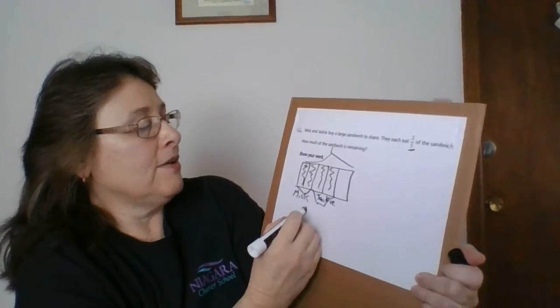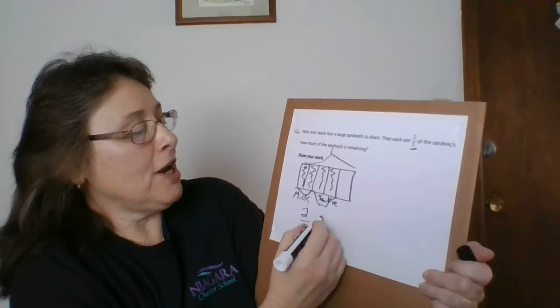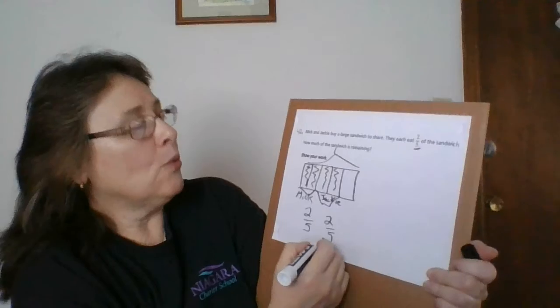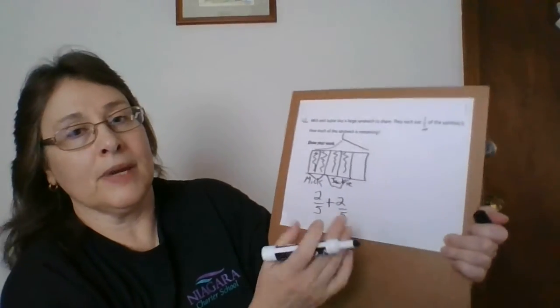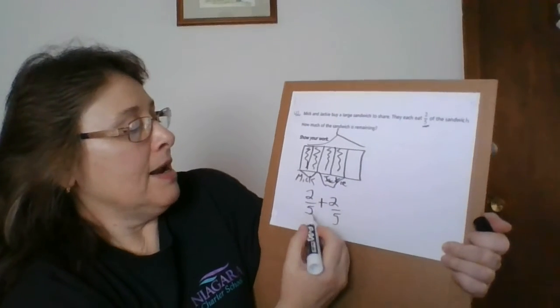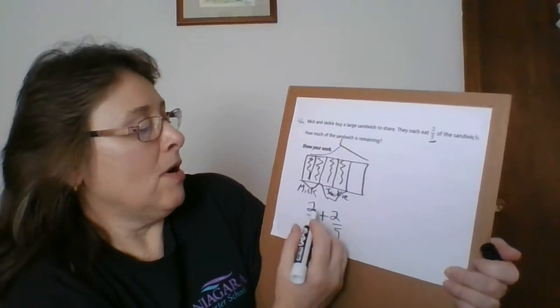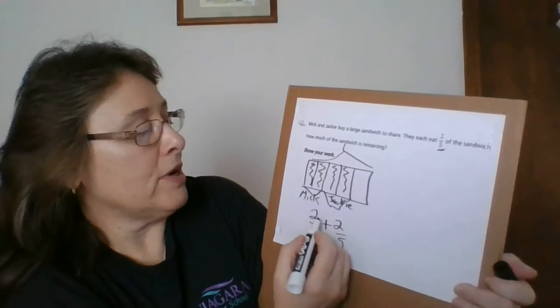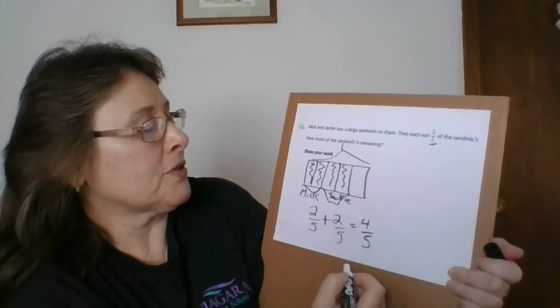So if I have 2/5 for Mick and Jackie ate 2/5, well, together, how much did they eat? Together means put it together. And since the denominators are already the same, all I have to do is add the numerators. So 2 plus 2 is 4/5.